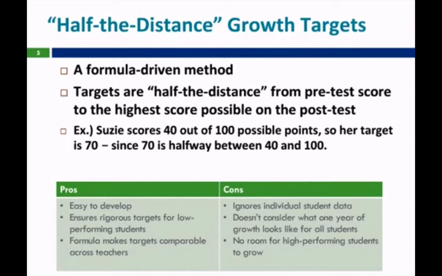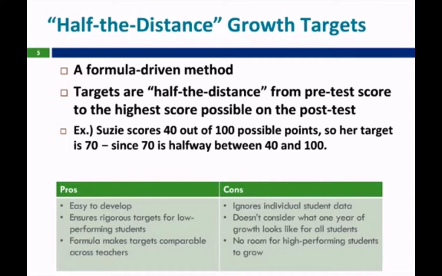So the half the distance method may predict 1 year's worth of growth, or however much growth is expected over the interval of instruction. It could be a semester, etc. But it doesn't consider that. So the chances that you'll predict that accurately based on this formula, it's possible, but the chances could be pretty slim.